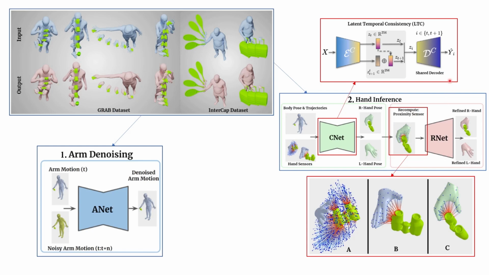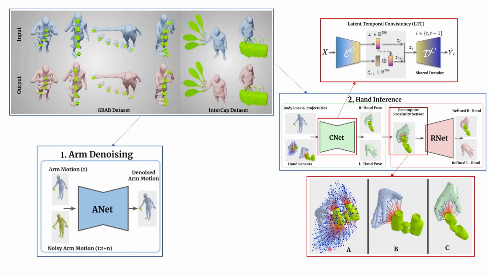One of Grip's key innovations is latent temporal consistency called LTC, which maintains motion consistency in the latent space, ensuring smooth and realistic transitions between frames. Additionally, Grip introduces 2 virtual hand sensors.